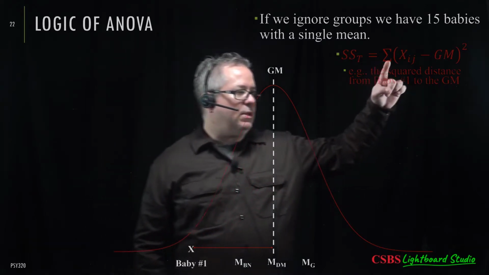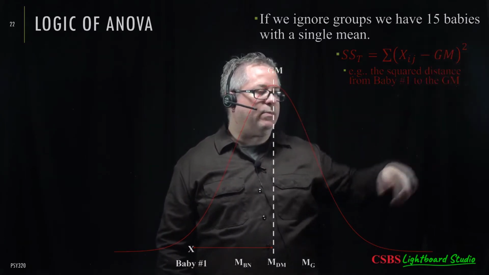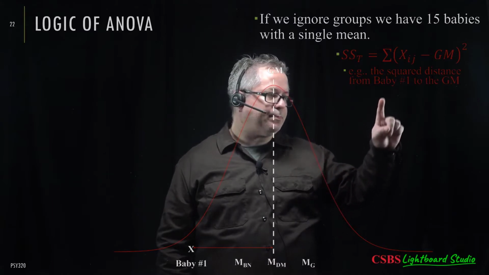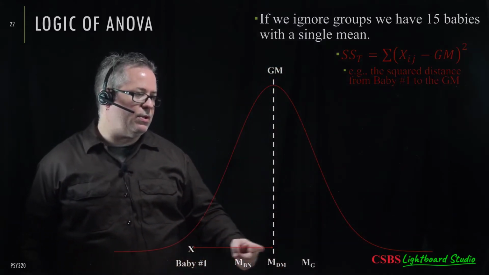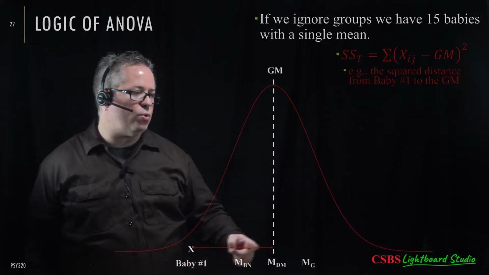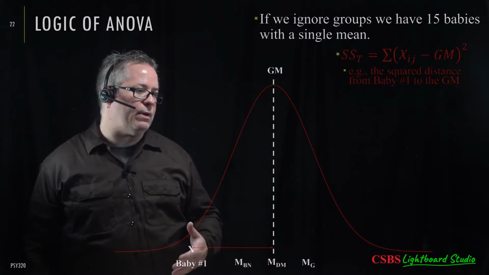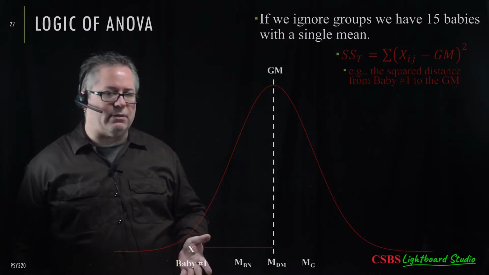Think baby number 1 minus the grand mean, squared. I can do it for baby 2, baby 3, baby 4, baby 5, but I want to focus just on baby number 1. So this is baby number 1's contribution to the total variability between all the babies. Great. Baby number 1 is not by themselves. They're actually in a group.